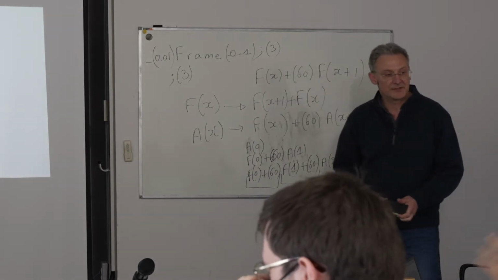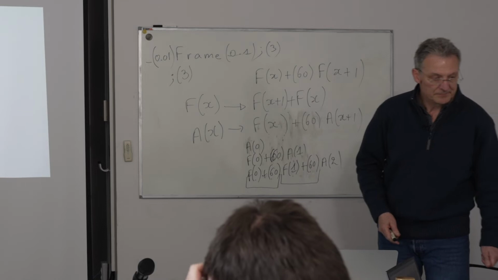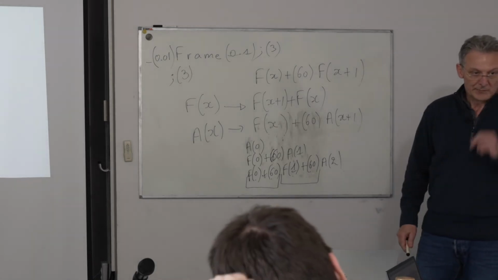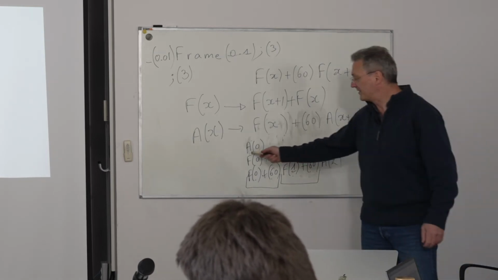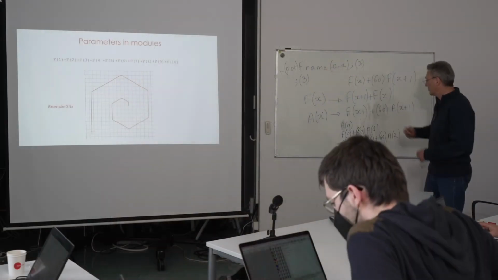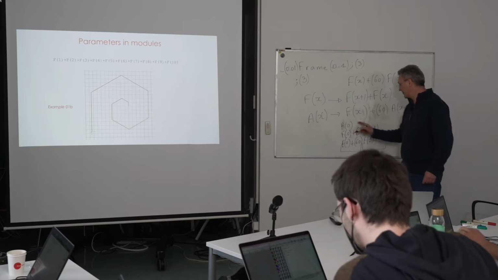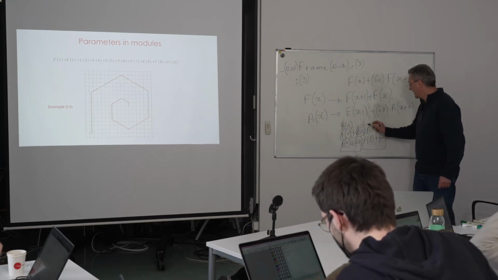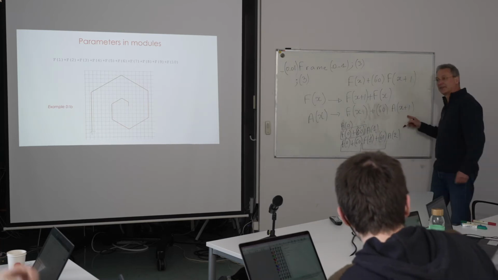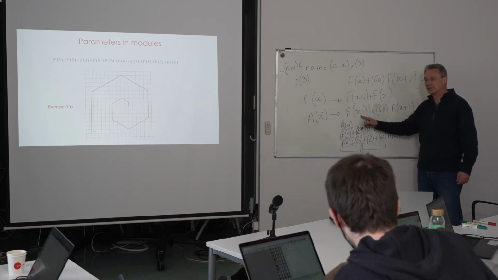So did you try this? The axiom is A0. So the first derivation is this one. And A1 is applying this with x equals 0.